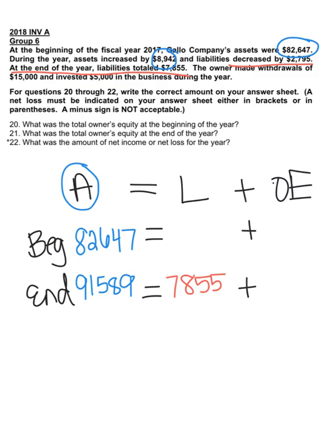So I'm actually going to work backwards and add those two numbers together to figure out what my total for the beginning would have been in liabilities. So by adding 7,855 and 2,795, you would get beginning liabilities to equal 10,650.